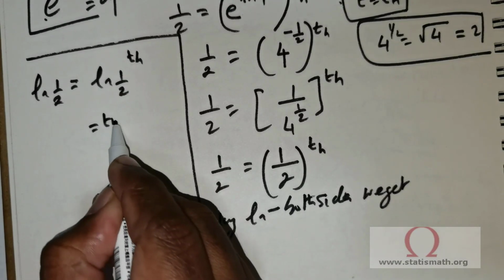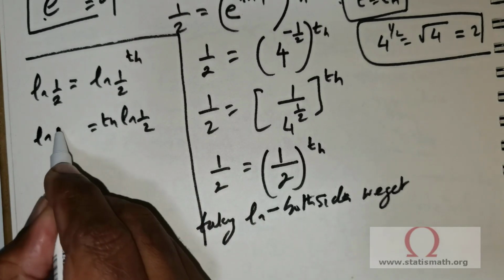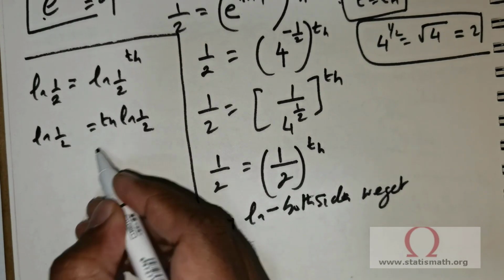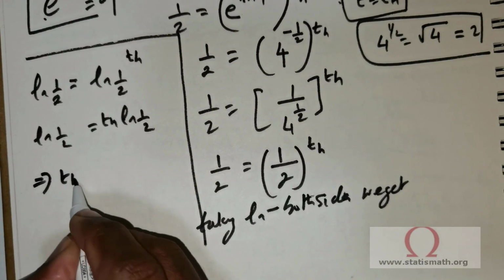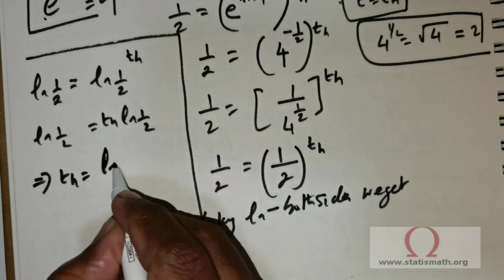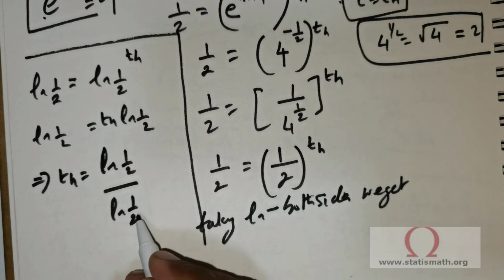I can bring the th down and write it as th times ln of 1 over 2. On the left is going to be ln of 1 over 2. Okay. Now, I need only th. So, from here, th is equal to, move the ln down. So, that's going to be ln of 1 over 2 divided by ln of 1 over 2.